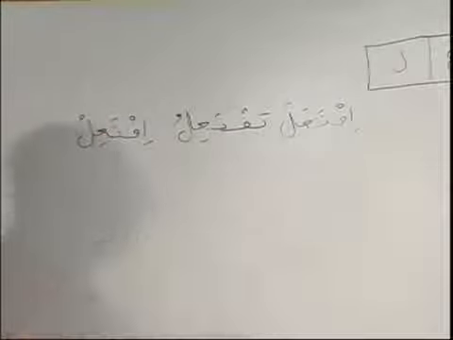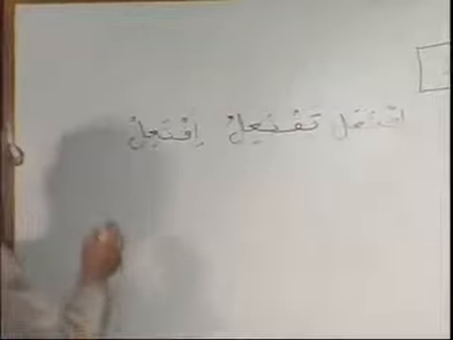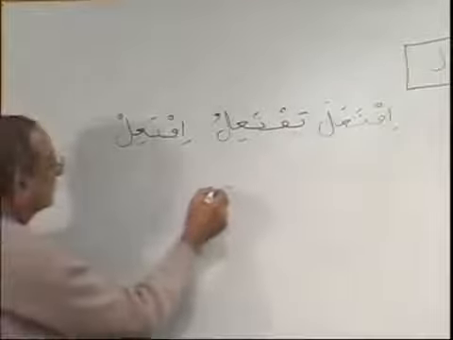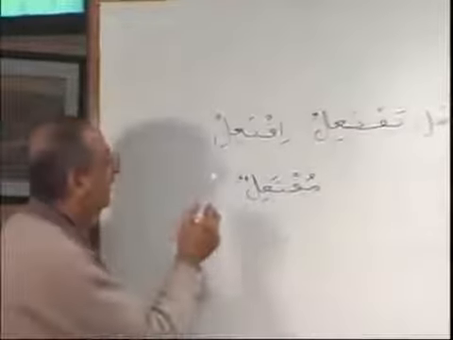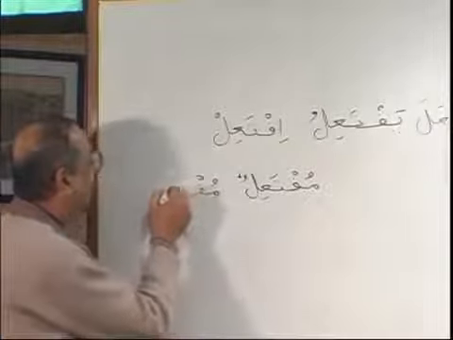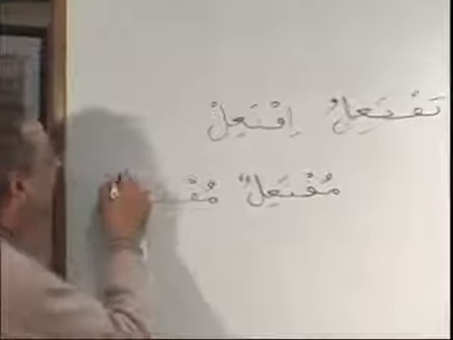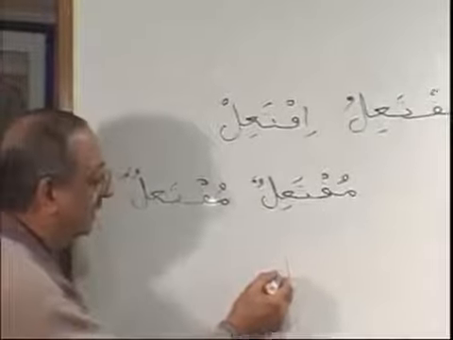We make amar from mudhariya, brothers. So if in mudhariya there is a kasra, we just take it. Ifta'il. And then ism fa'il, mufta'ilun. How will be ism maf'ul, brothers and sisters? Mufta'alun. And our master, brother, ifti'alun.